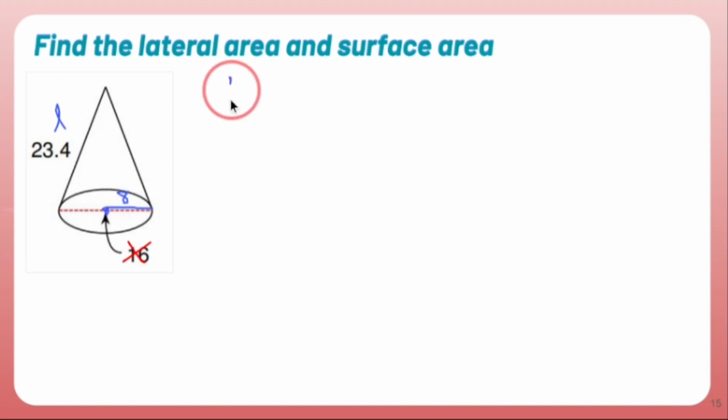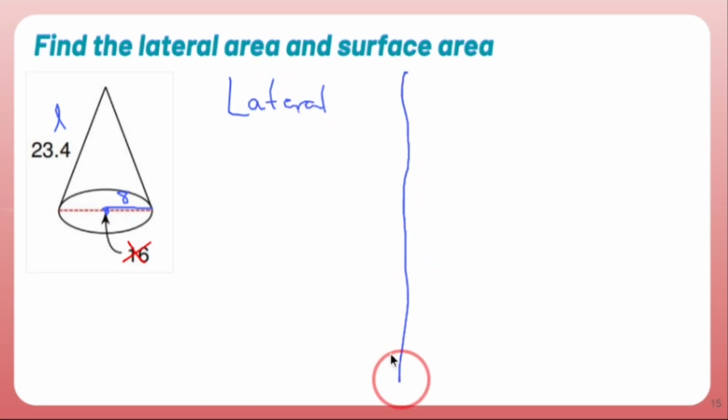Maybe. Now, lateral area, what is lateral area? That's the area of just the side of the cone, not the circle on the bottom, just the side of the cone. The formula for the lateral area is pi times r times L. So nothing to do with the height of my cone, thank the Lord.